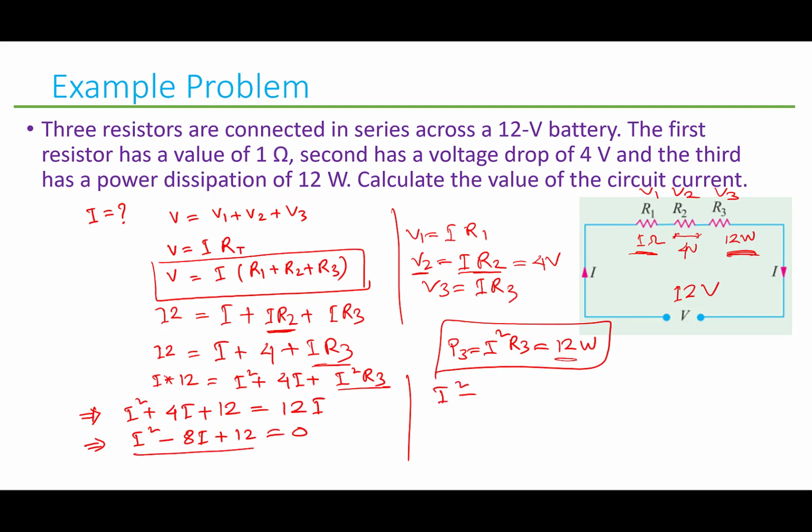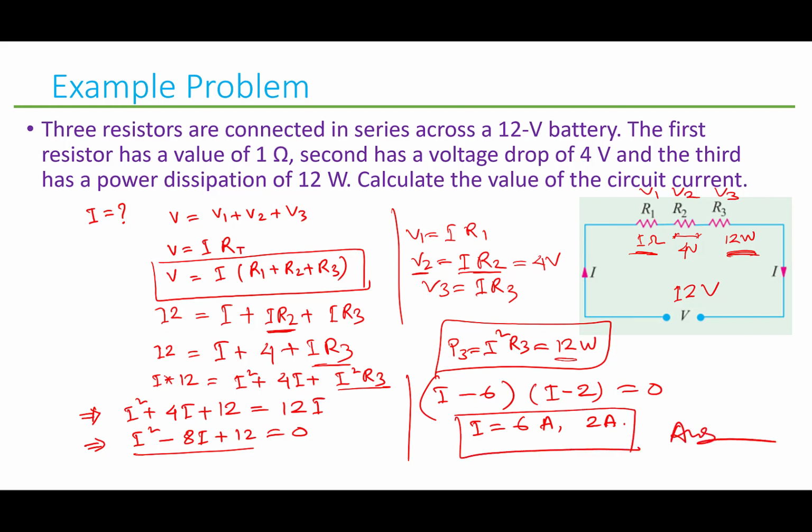If we solve this, we get I minus 6, I minus 2 equals 0. Now we got two values of I: 6 amperes and 2 amperes. So these are our two answers. The current could be either 6 amperes or 2 amperes.